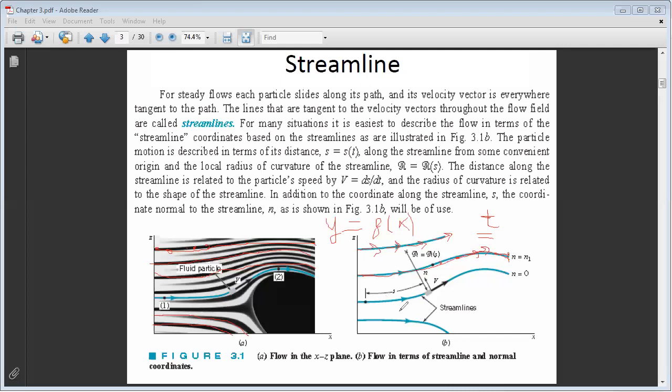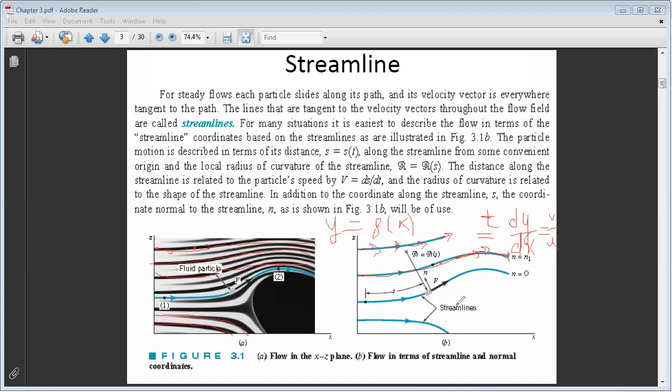So by definition, the slope of the streamline, which is dy by dx, is equal to the slope of the velocity, which is equal to v over u, where u and v represent the components of velocity.